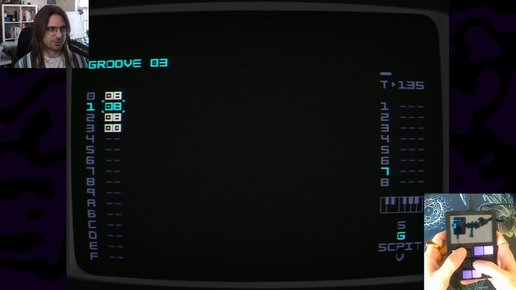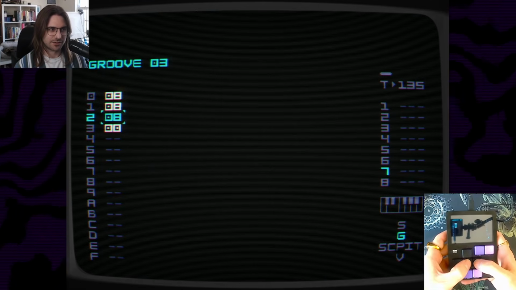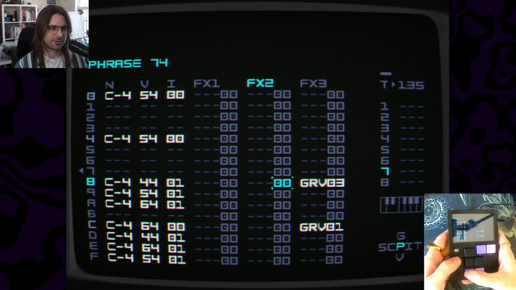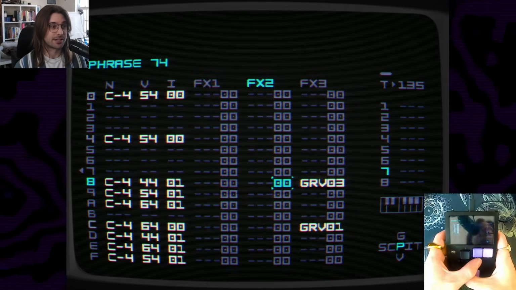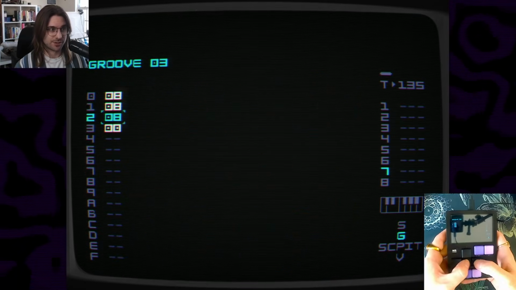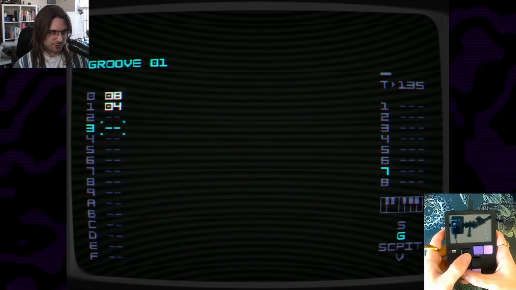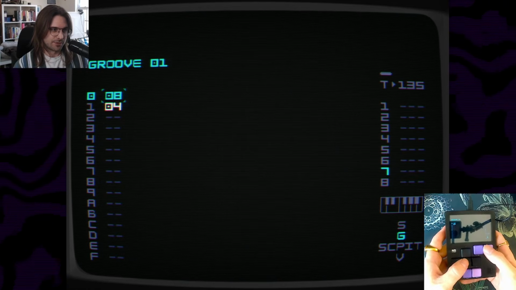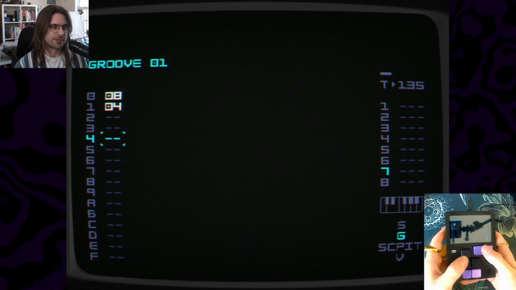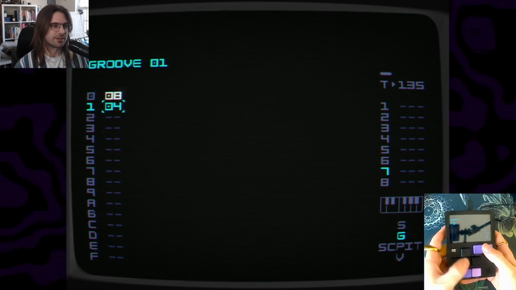So this is 24 ticks, right? Over the length of a quarter note, we want 24 ticks. And our normal groove is also going to be 24 across the span of 4 of these steps.